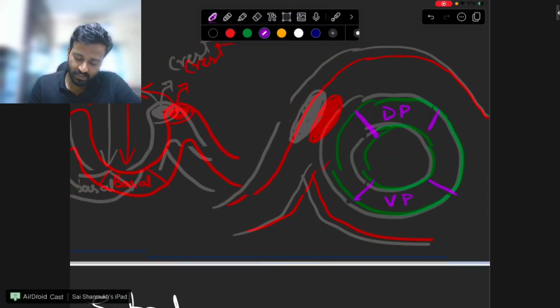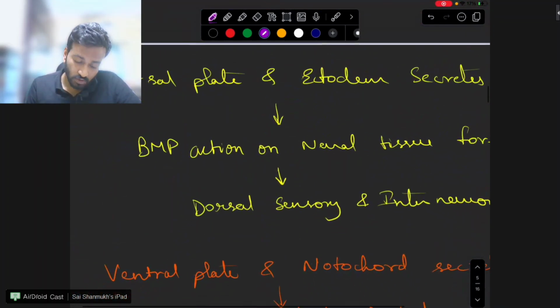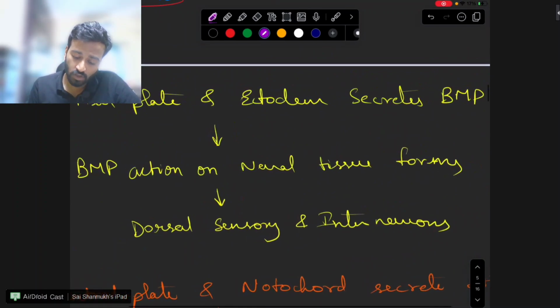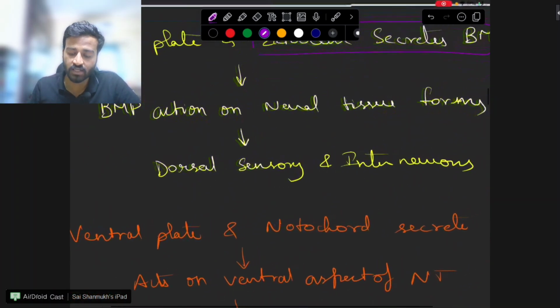What happens here is very interesting actually. The dorsal plate and the ectoderm secrete a lot of BMP. BMP on ectoderm will lead to skin formation, but once neuroectoderm is formed, the same BMP will induce differentiation into sensory and interneurons on the dorsal side.